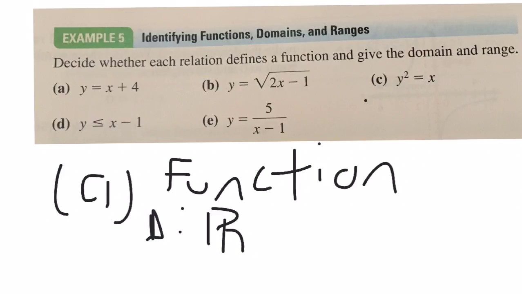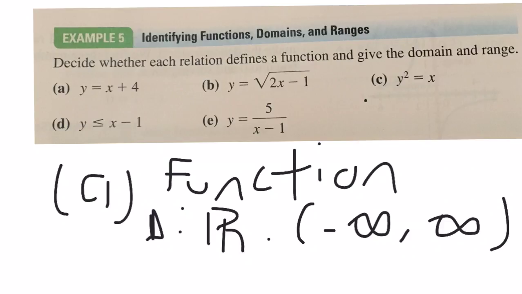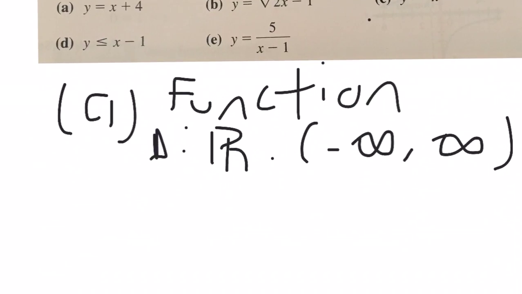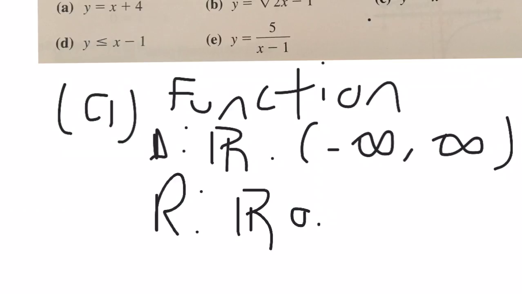To write all real numbers as set notation, it would be from -infinity to +infinity. We use the parentheses because we can never touch infinity. Likewise, since the y values are just 4 more than the x values because we're adding 4, the range would also be all real numbers, or from negative infinity to positive infinity.